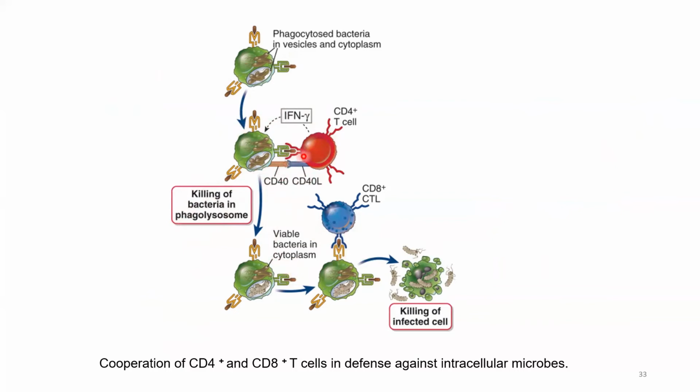MHC class 2 with antigen triggers T helper cells. MHC class 1 with antigen also sends a signal to cytotoxic T cells. So the cytotoxic T cell will release perforin and granzyme to kill infected cells. So in the immune response, they work like an orchestra. Every cell helps the others, and spontaneously they can synchronize their function. They can act at the same time. It depends on what mediators we have or what we get at the effector cells.